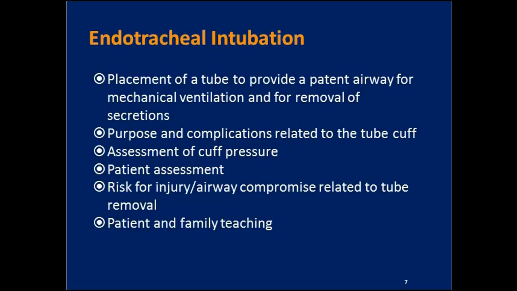Now, we don't just intubate people just because we feel like it. Doctors put a lot of thought into it, and sometimes it's a preventive or a preemptive thing, and sometimes it's done in an emergency setting when the patient is not breathing at all. But in either way, the patient has lost the ability to protect their own airway, and so we need to do it for them.